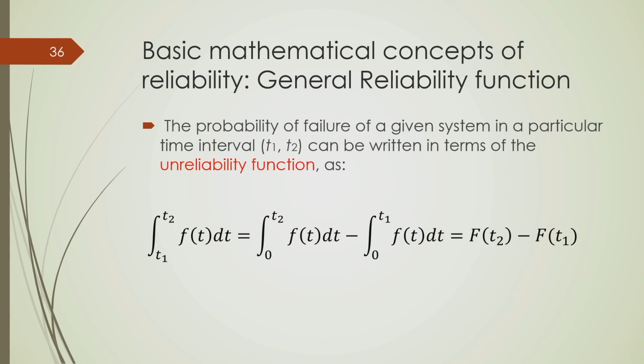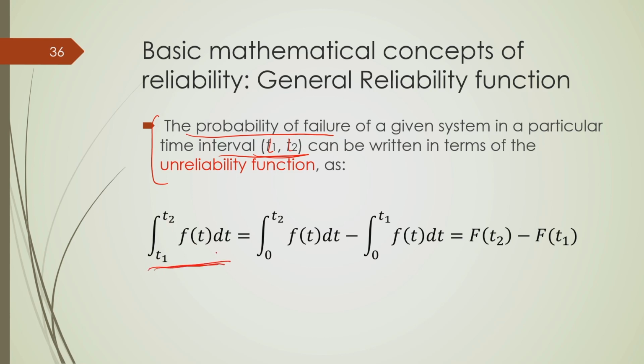Now, we can also find out the probability of failure in a particular time interval, that is t1 to t2. So, the probability of failure in the time interval t1 to t2 we can write as the integration from t1 to t2 of f(t) dt. Okay.